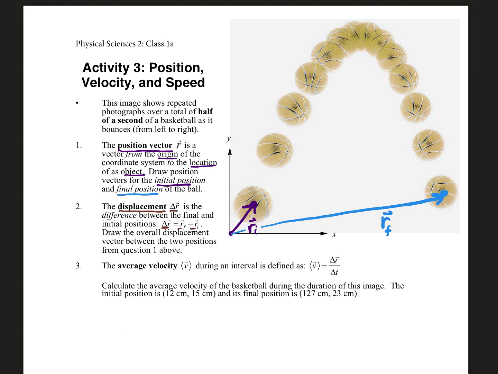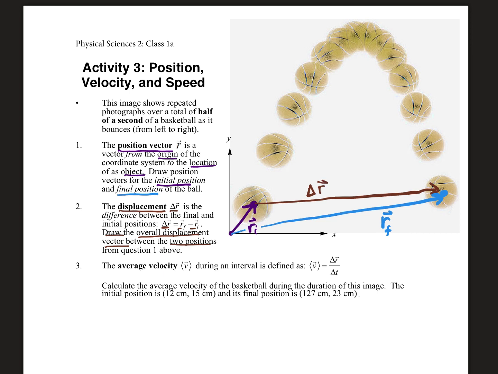So the change in position is the final position minus the initial position. And we want to draw the overall displacement vector between the two positions that we've already drawn. So that is just going from the initial to the final position, and this is delta r.